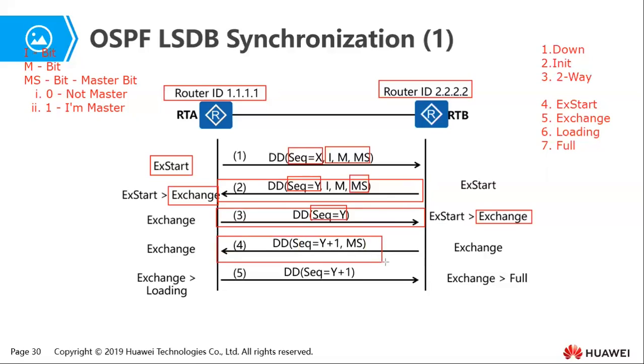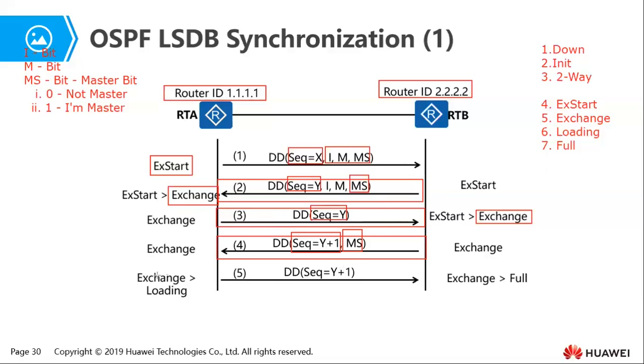Here, for example, RTB is telling RTA, hey, I know Kitale. So it will update its sequence number with 1. The sequence number is simply an ID, for example 2030. So the next one is going to be 2031, 2032, like that. And it's going to set its MS bit to 1 because it's the master.